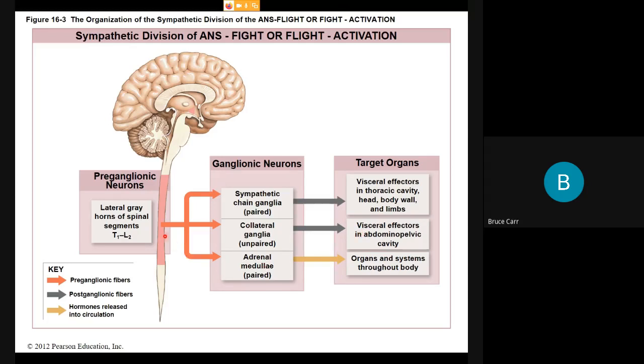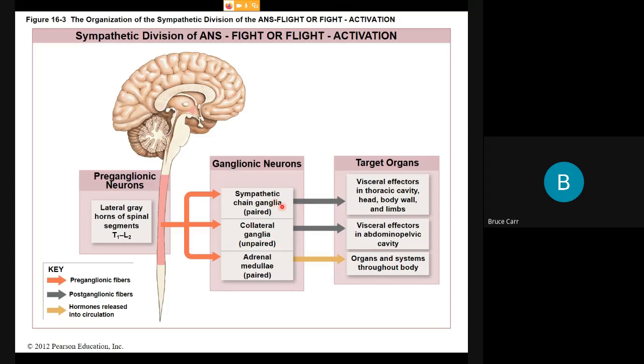And one track only goes from its connection through the sympathetic, through a collateral, to the adrenal medulla, which is a gland on top of the kidneys. So these three destinations all actually run parallel to one another. It's just that they depart at different places.